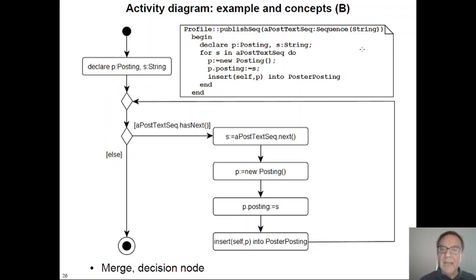This is a variation where the publish operation does not have a single post text that is going to be published, but the parameter here is a sequence of strings. So with this operation you cannot publish only one posting, but you could publish 3 postings with one operation call.